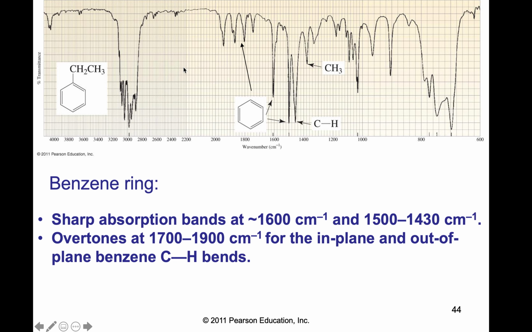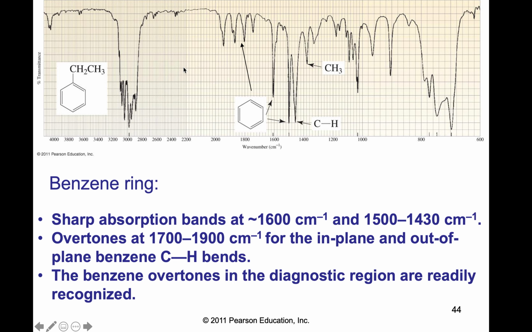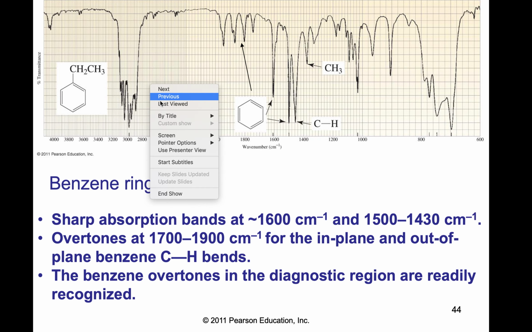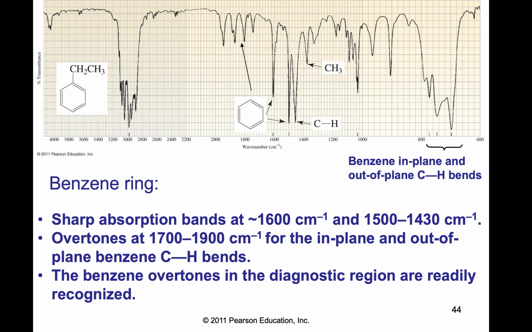Very diagnostic. The benzene overtones are in the diagnostic region and readily recognized. And it can tell us the substitution pattern on that benzene ring. And there's your benzene in-plane and out-of-plane CH bends. Way over to the right, bending, stretching over to the left.